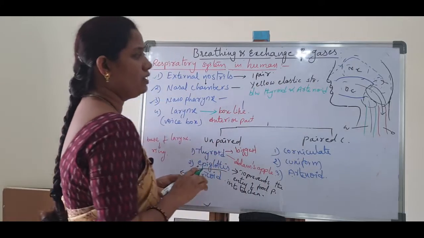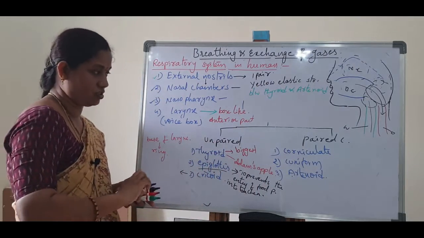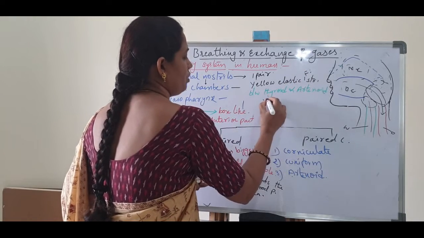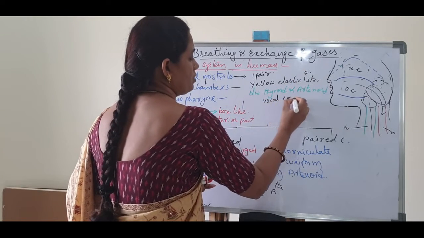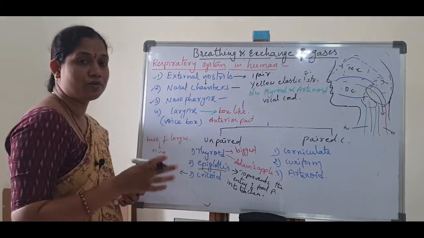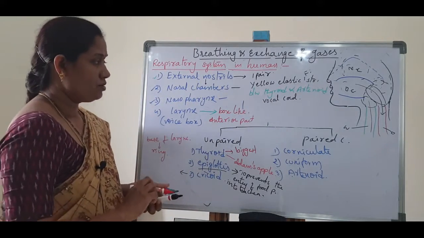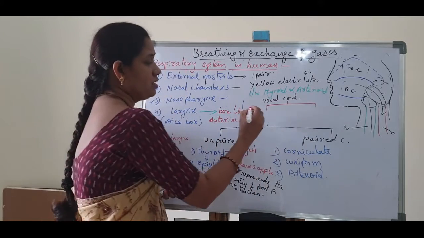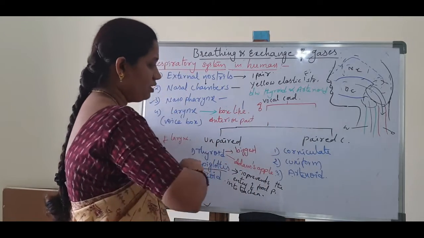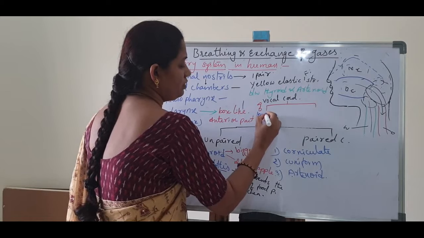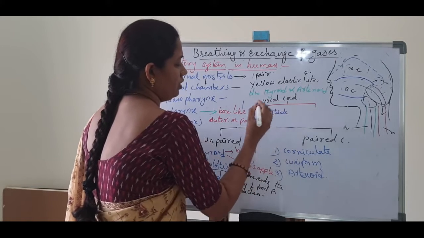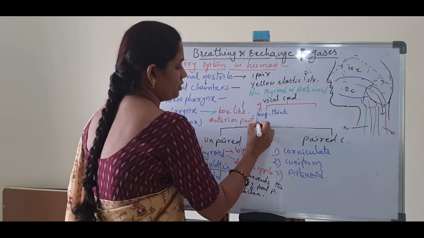These yellow elastic fiber-like structures are called vocal cords, and they produce the sound. The vocal cords are different in males and females. In males, they are long and thick, and they produce a low pitch voice.